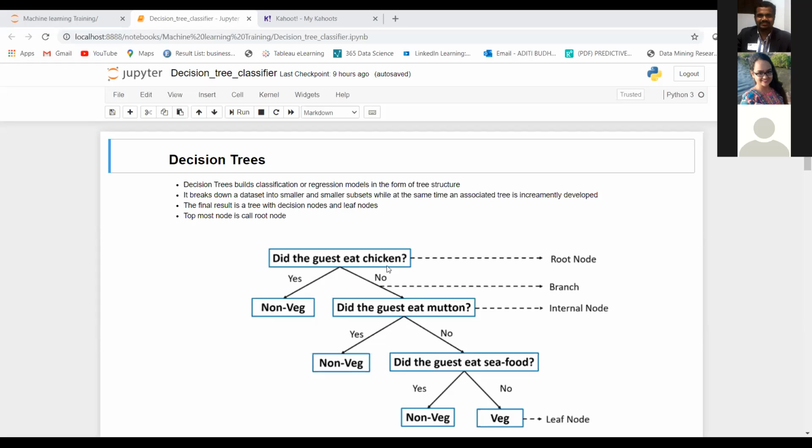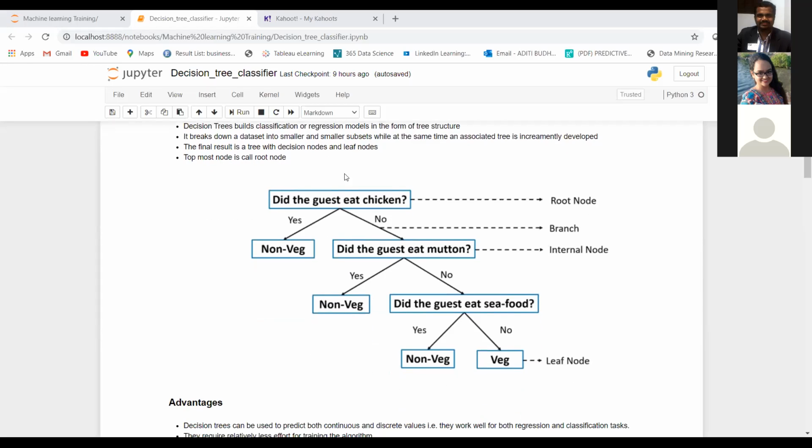Okay, and so here we have one example. Let's say you have hosted a birthday party at your place, and after the party you wanted to estimate how many people in your party were non-vegetarian, and how many of them were vegetarian.